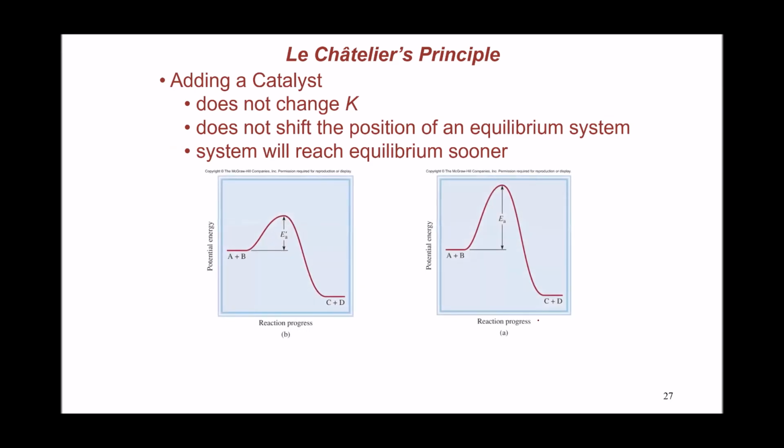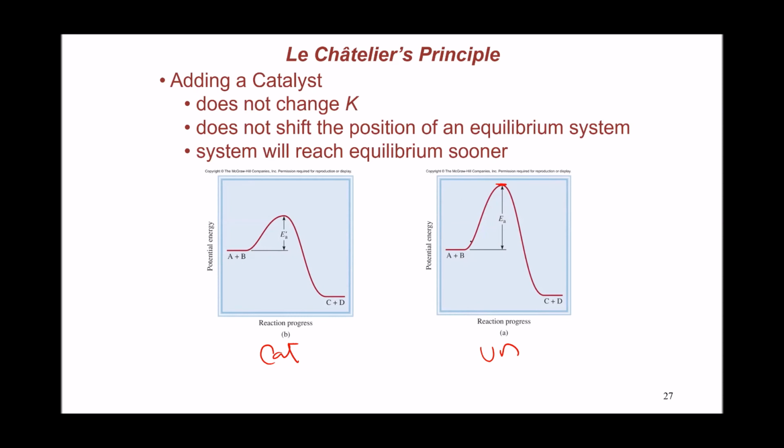So basically, that's a comparison between an uncatalyzed reaction versus a catalyzed reaction. It's going to decrease the magnitude of the energy barrier that is needed for the reaction to proceed.